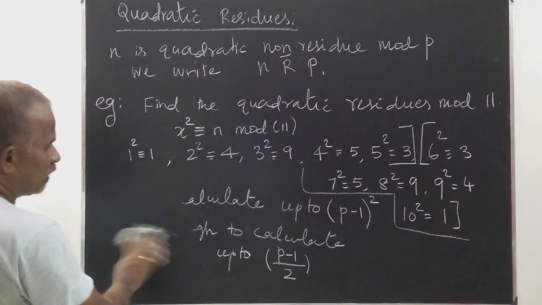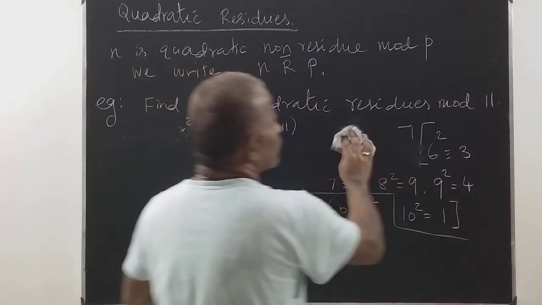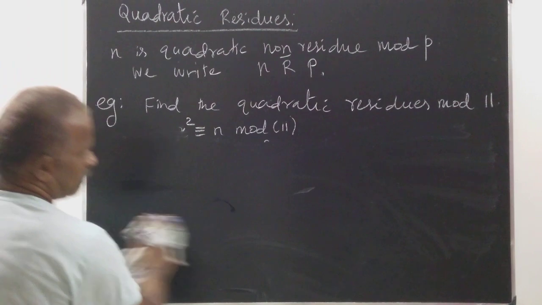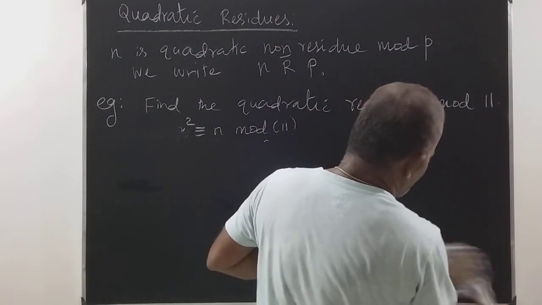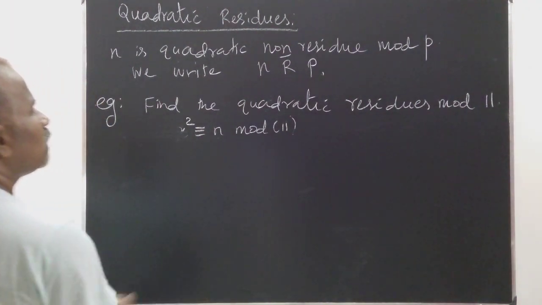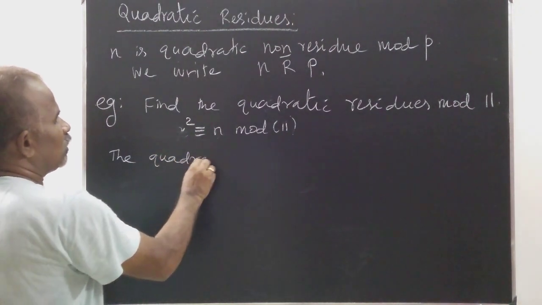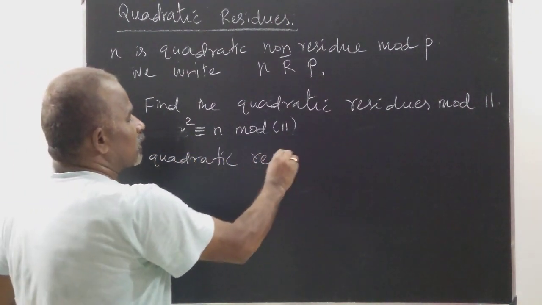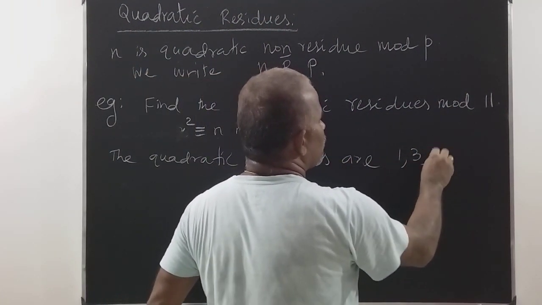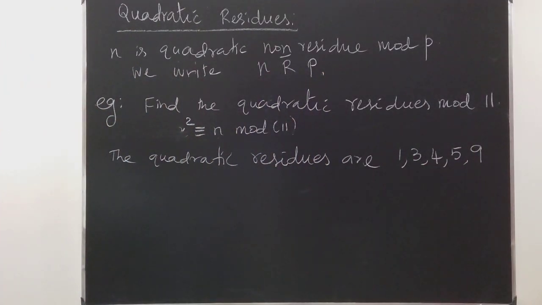So what I am going to say is that the quadratic residues are 1, 3, 4, 5, 9.